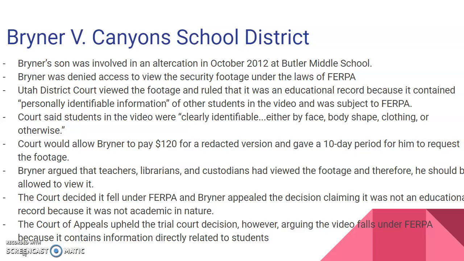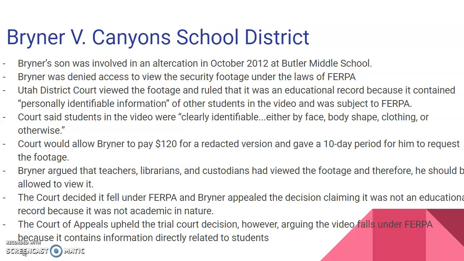Briner versus Canyon School District. Briner's son was involved in an altercation in October 2012 at Butler Middle School, and when Briner asked to view the security footage, he was denied access under the laws of FERPA. When he went to court, he represented himself, and the Utah District Court viewed the footage and ruled that it was an educational record because it contained personally identifiable information of other students in the video and was subject to the laws of FERPA.